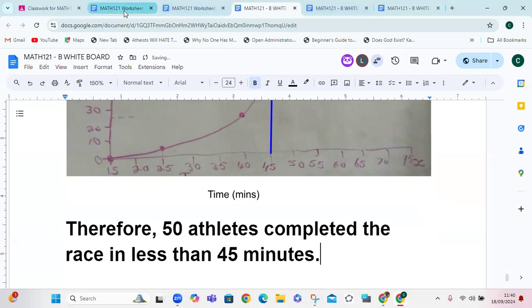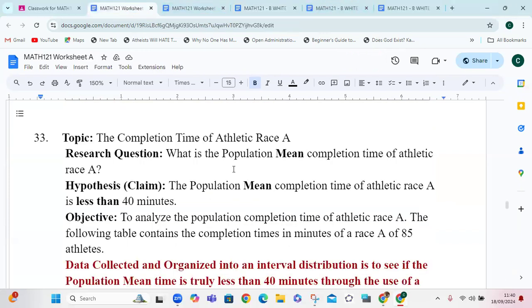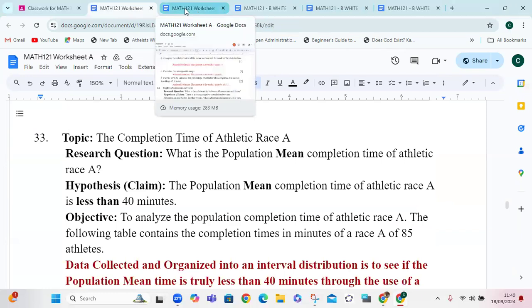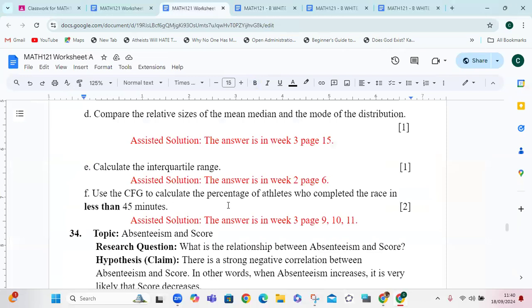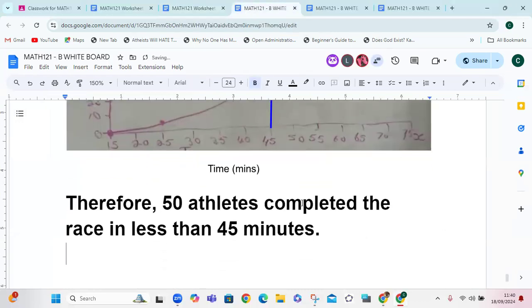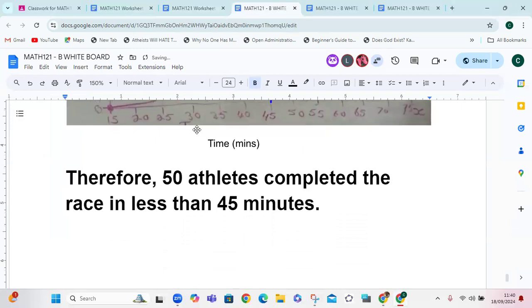Now recall the question asked, what is the percentage? Calculate the percentage. So the total number of athletes is 85, yes?